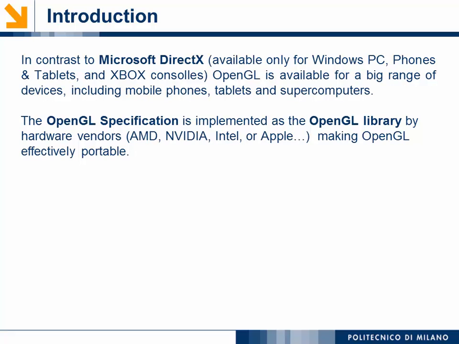Specifications are just the description of all the different functions, all the types, and what is expected that a function performs, while the other part, the library itself, is implemented by the graphic adapter manufacturer, which by adhering to the standards of the API specification makes that particular graphics adapter compatible with and supporting OpenGL.